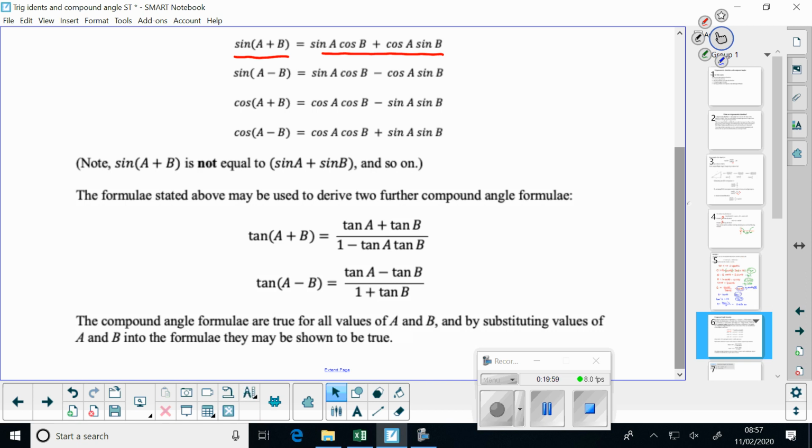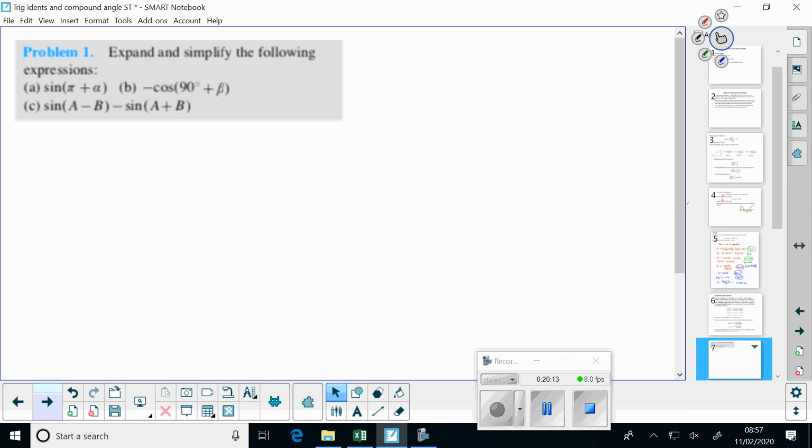So we're going to have a look at problems involving the compound angle formulae now, for obvious reasons. Expand and simplify the following expressions.